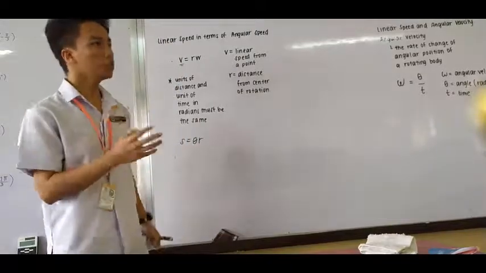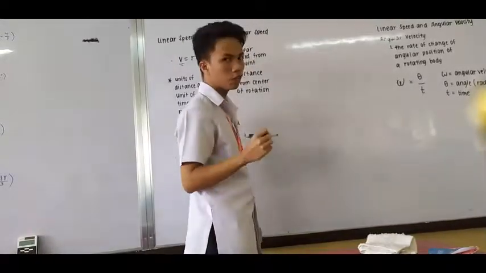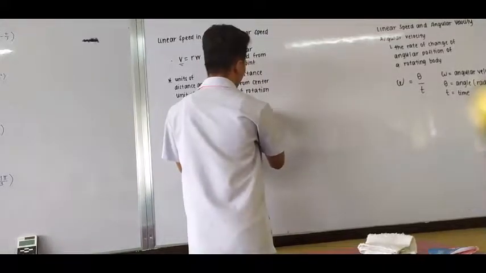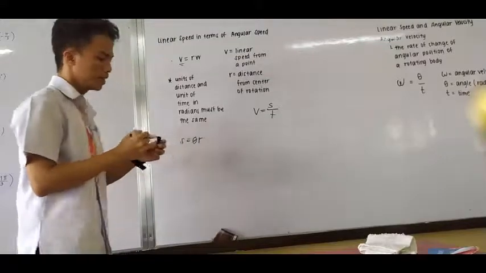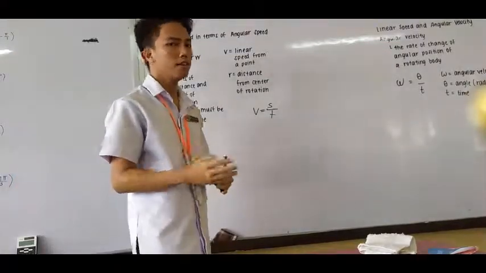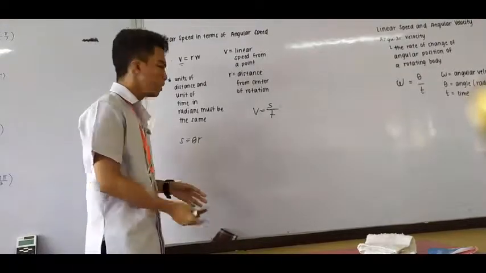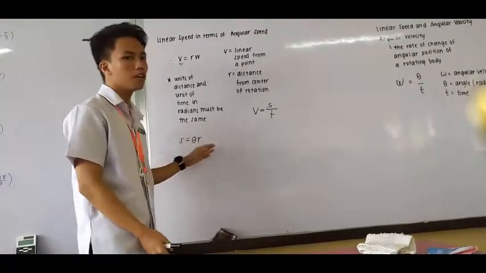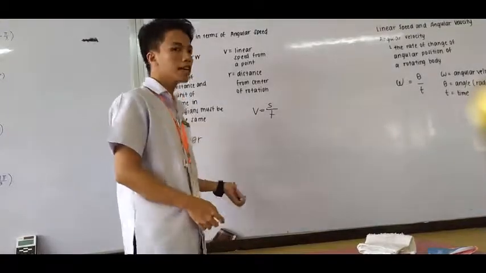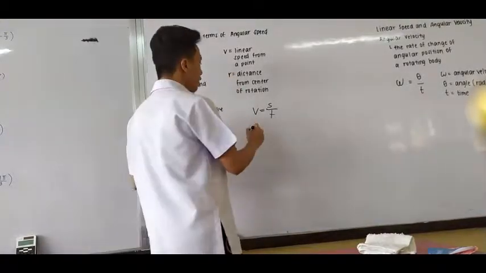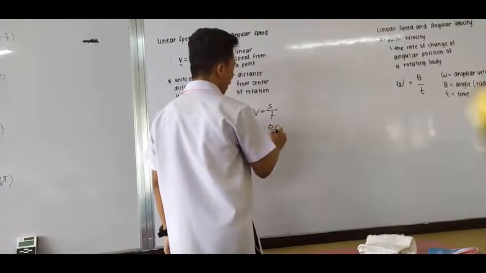Now, how can we derive this formula? Let's take the formula of the linear speed, v is equal to s over time. I mentioned before that s has something to do with the arc length. So arc length is equal to theta r. If we replace s with the arc length formula, it will become v is equal to theta r all over time.